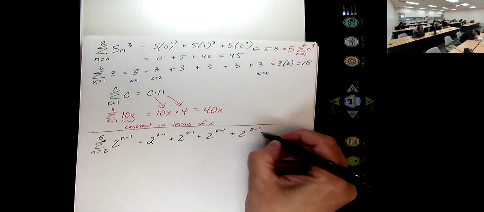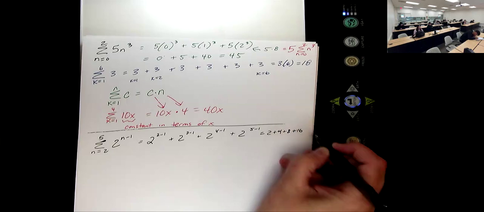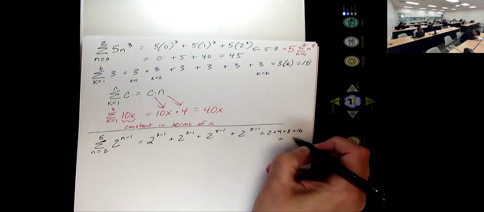So you're going to get 2 plus 4 plus 8 plus 16, which is 30.